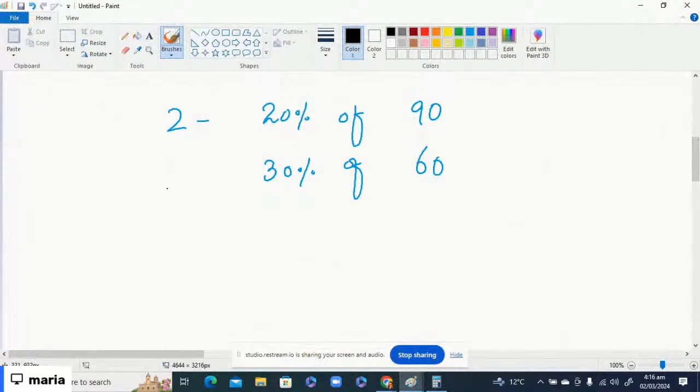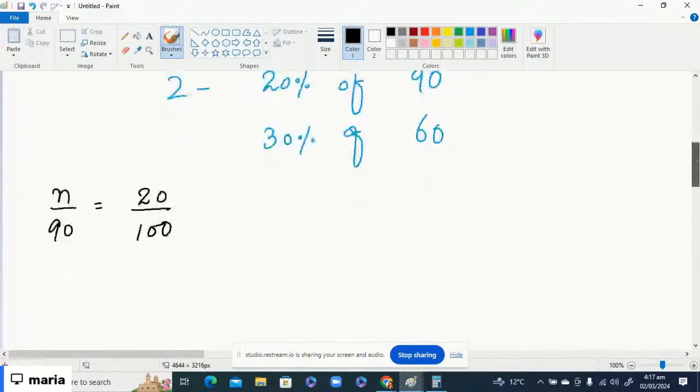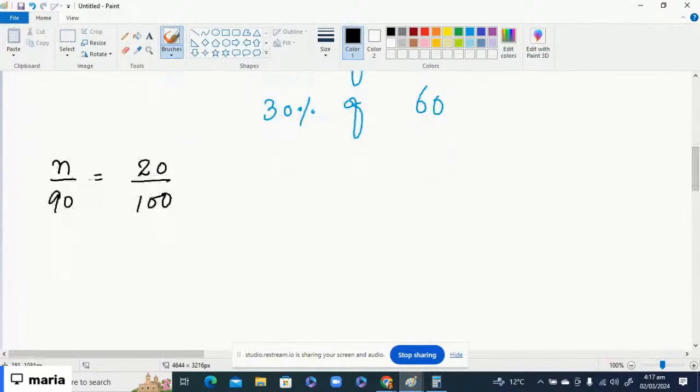So 20% of 90 is n over 90, which is equal to 20 over 100. Let's cross multiply. So this becomes 100n, that is equal to 20 times 90. What is the answer of 20 times 90?